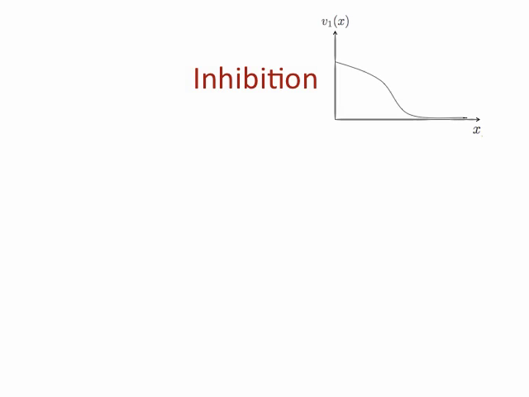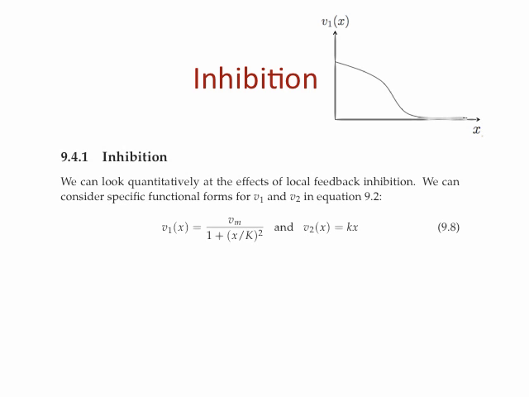We can now look at this in more detail and consider the inhibited case, the feedback inhibited case, where V1 will be a decaying function in X. And we're going to go back to Hill kinetics and pick that particular rate law for V1 as shown here.